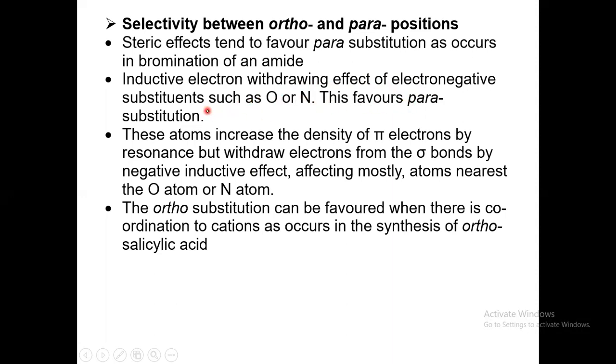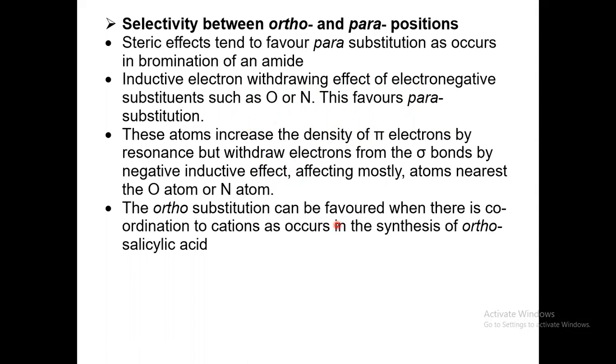So there are some atoms like oxygen and nitrogen that, because of their inductive effect, will withdraw electrons from the ring. But they can also contribute electrons to the ring through the resonance effect. So if we have oxygen or nitrogen directly attached to the ring, two effects occur at the same time.